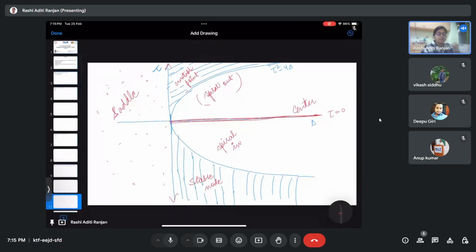The fixed point which leads to periodic behavior of a particular amplitude is known as the center. Like in the case of a spring mass system, it's a center, because when we give a perturbation, the system starts oscillating.